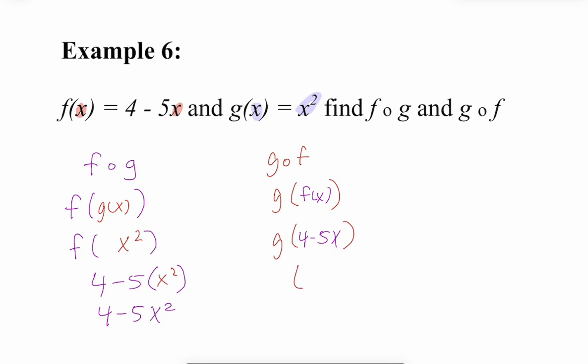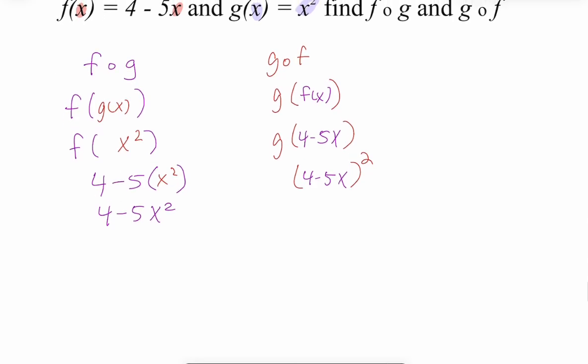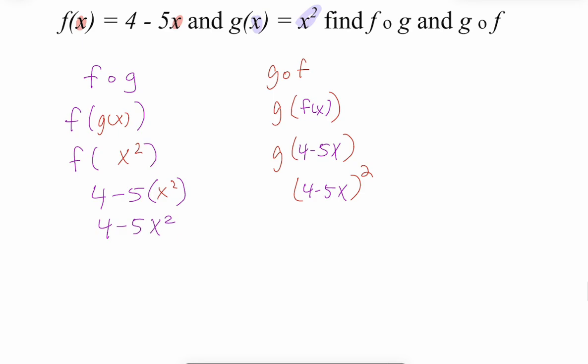And so we would get that we have to square that input. Now, most of the time for a quantity that's squared or cubed, you do want to actually square or cube that quantity. So remember, that means that you have 2 of those. And so you have to FOIL, distribute, whatever. You get 16 minus 40x plus 25x squared.